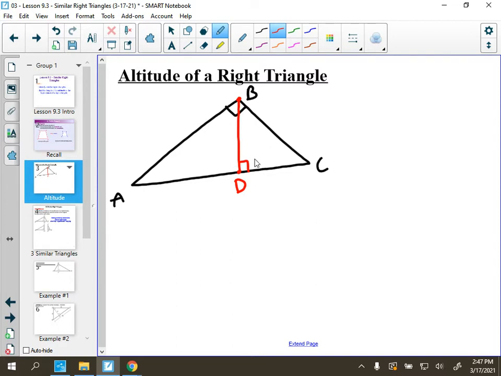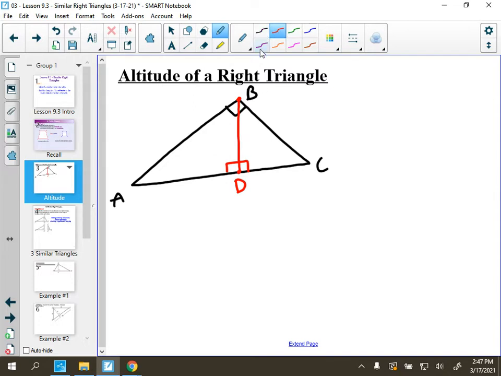So let's do a brief run through on all three of these triangles. Every single triangle we have on this board right now has a right angle. The little one has a 90 right here. We could extend it to this side to confirm that triangle BDA is also a right triangle, and the big triangle ABC is also a right triangle. So they all have a 90 degree angle.